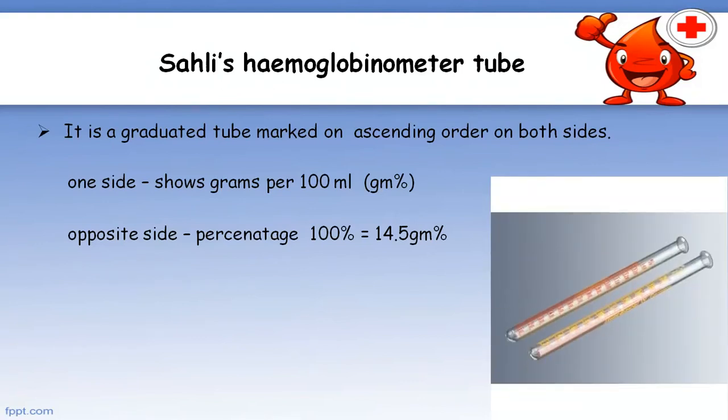These are the hemoglobinometer tubes. One side is for gram percent, indicated in red color, and the second side is for percent.